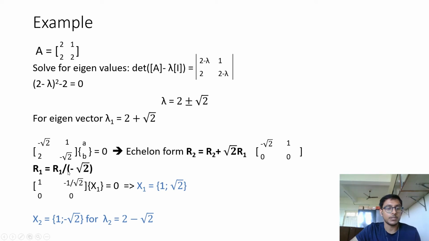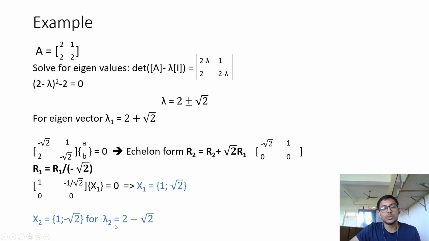So then we get this expression, where x1 is a and b in a column vector. Once you look at this expression, we see that a will be 1 and b is going to be root 2. You can simply put one value for a, and then you can get the value for b. So this is our eigenvector for the eigenvalue 2 plus root 2.